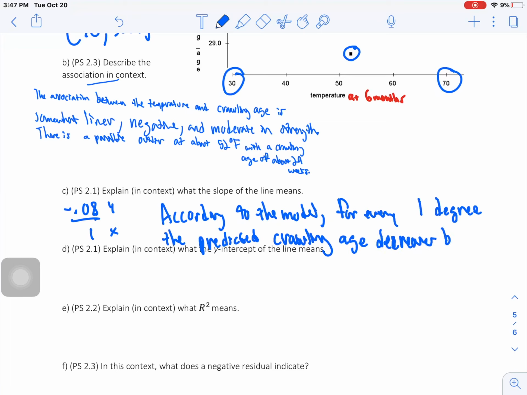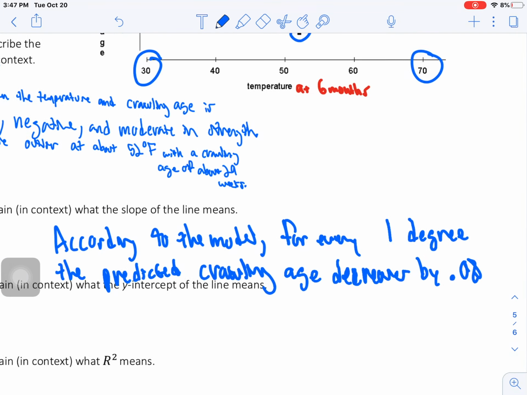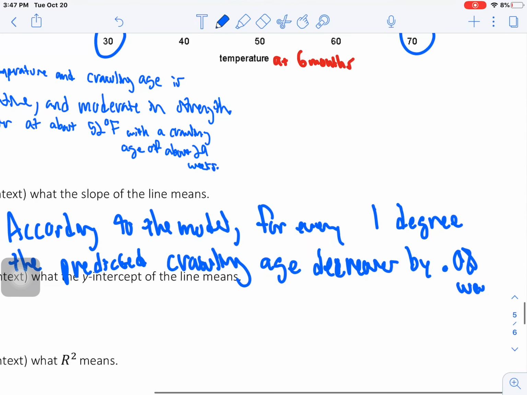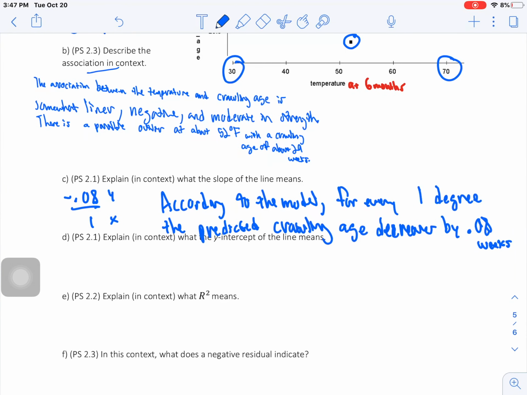Decreases by 0.08. We're talking about weeks. So according to the model, for every 1 degree, the predicted crawling age decreases by 0.08 weeks.